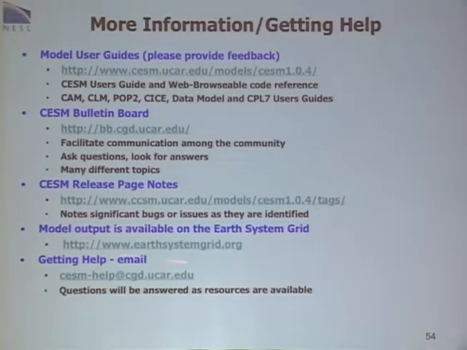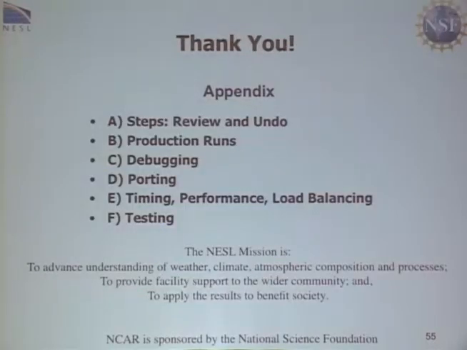We are on the Earth system grid, and I mentioned earlier, our release notes are always also posted on the website. There's also a known problems page, which probably has a link in about the same place as the release page from the CESM homepage.